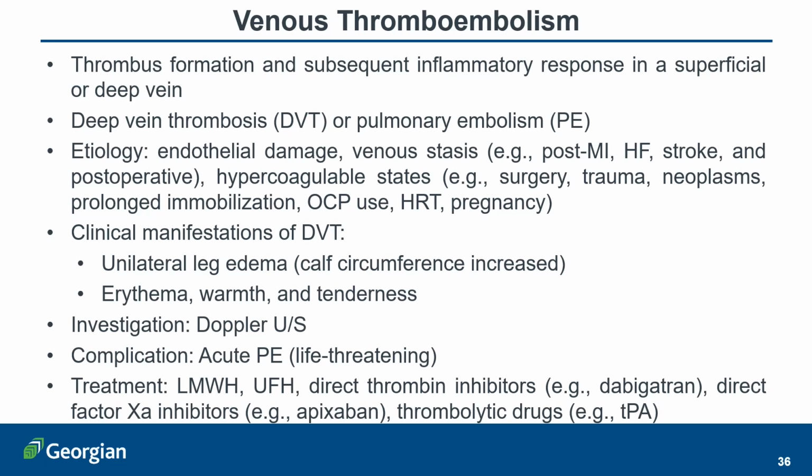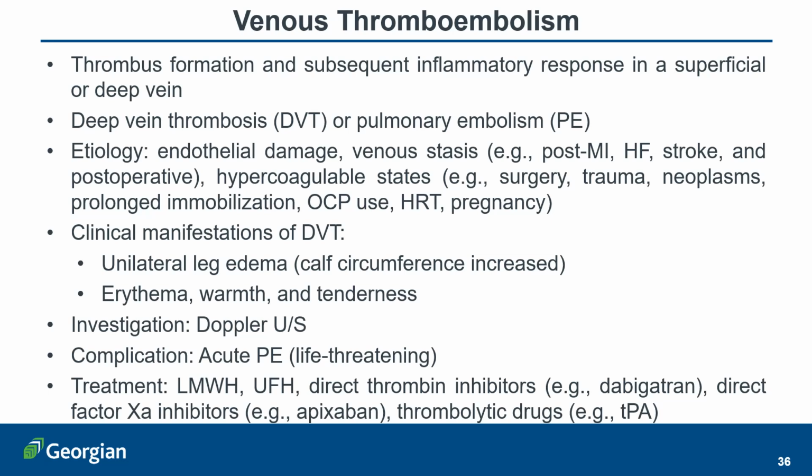Oral contraceptive pill use, OCP use, has been shown to increase the risk of DVT as well as PE. HRT is hormone replacement therapy. That also increases the risk of both DVT and PE. And lastly, pregnancy. All of those lead to what we refer to as a hypercoagulable state.